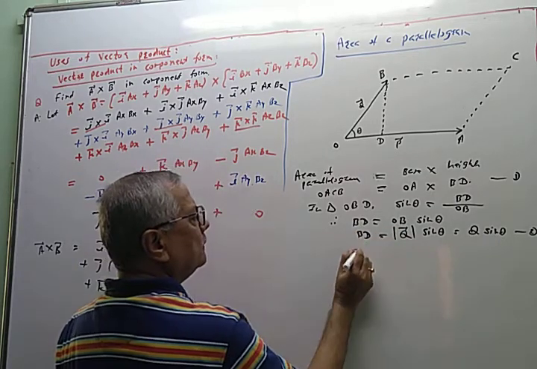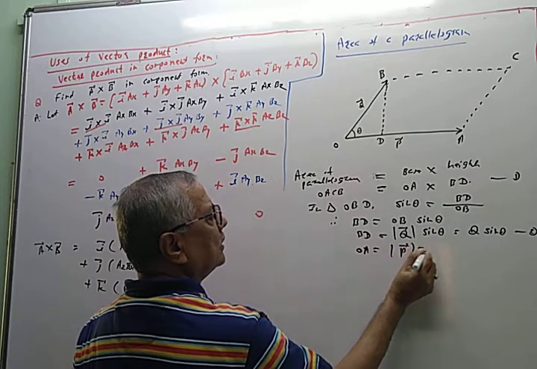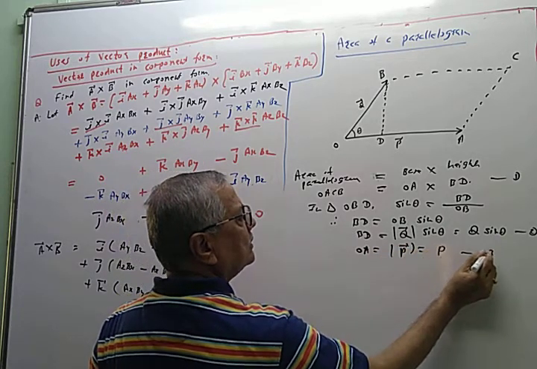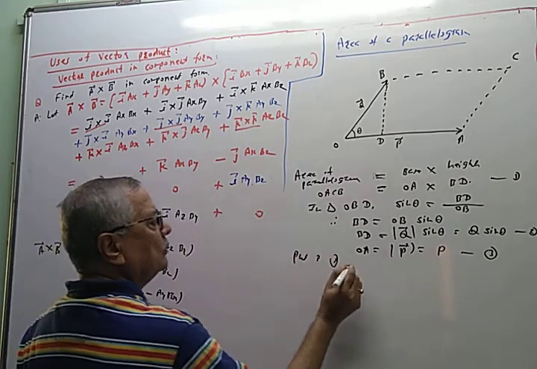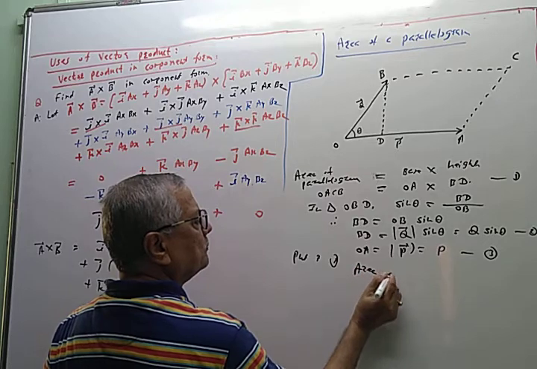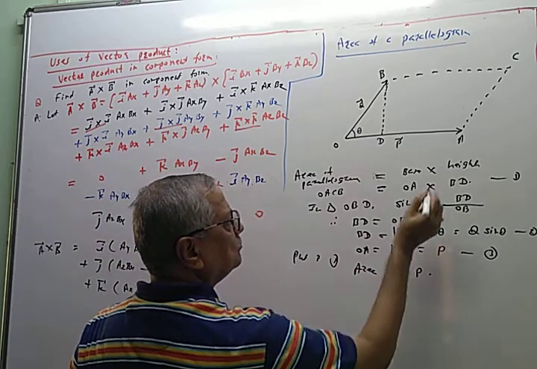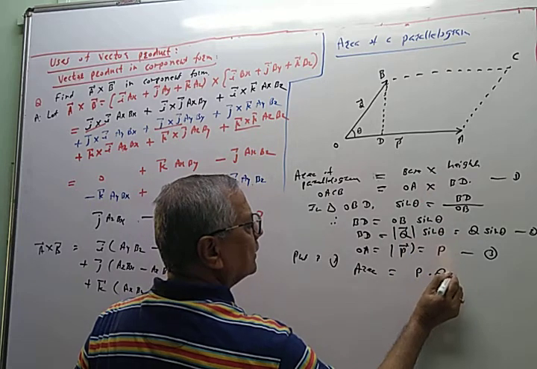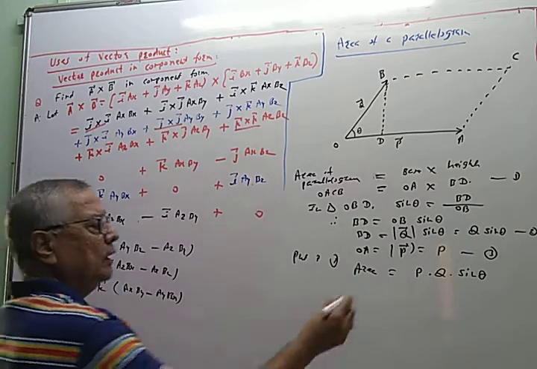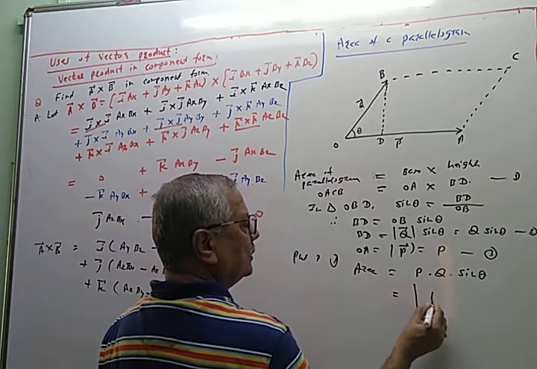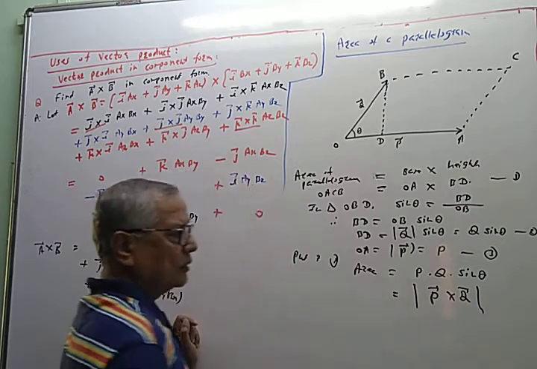And what is OA? OA is equal to magnitude of vector P. It can be written as simply P. This is equation 3. Put in 1. So area of parallelogram is equal to OA, which is P, times BD, which is Q sin theta. Theta is the smaller angle between them, and therefore this is equal to the magnitude of vector product of two vectors.